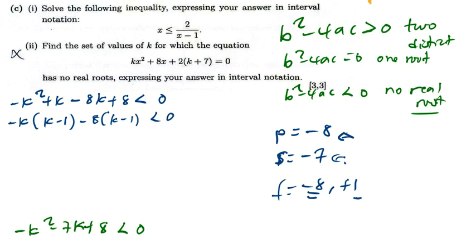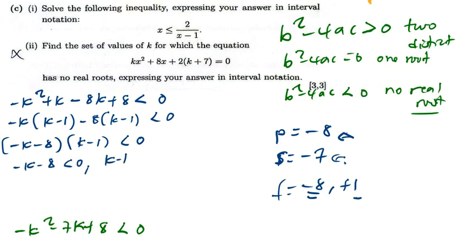So then negative k minus 8 and also k minus 1 less than 0. So negative k minus 8 should be less than 0, comma, k minus 1 should be less than 0. To find k, negative k will be less than 8. If I divide both sides by negative, the sign will change, giving k greater than negative 8. This one will be k less than 1.